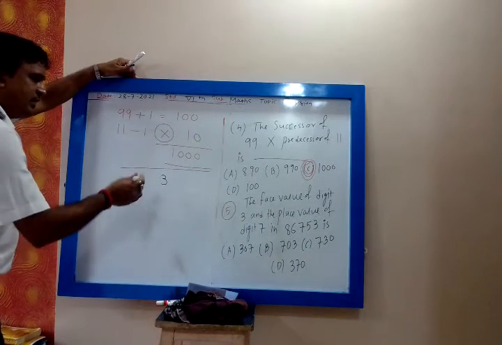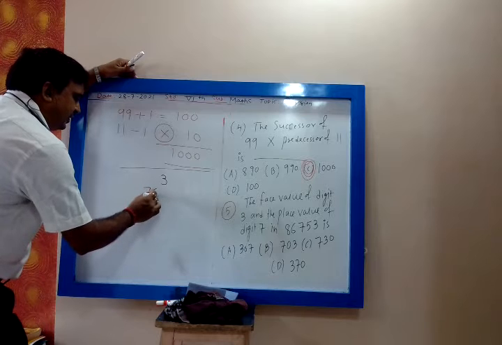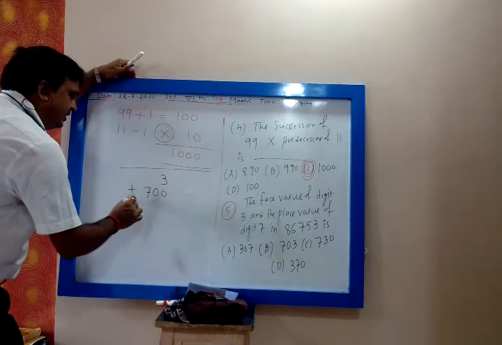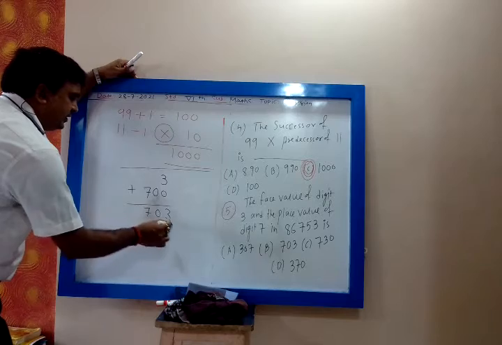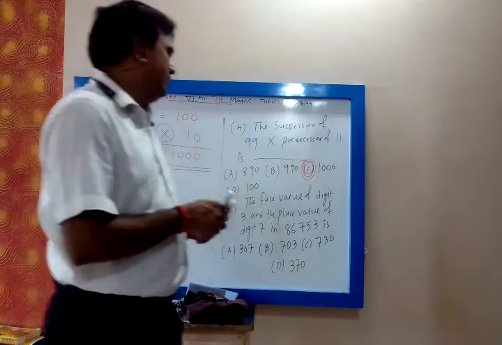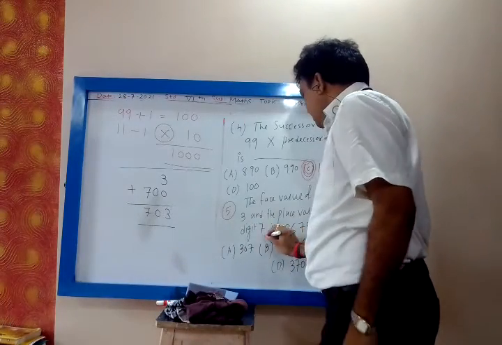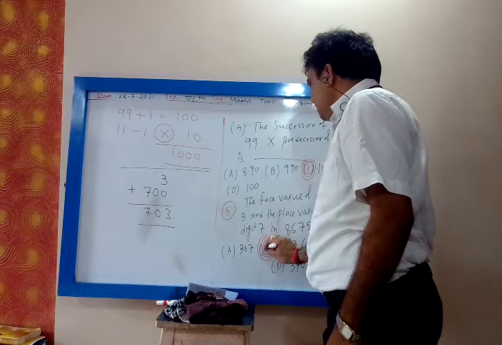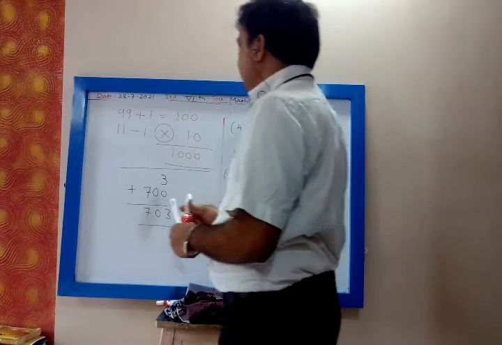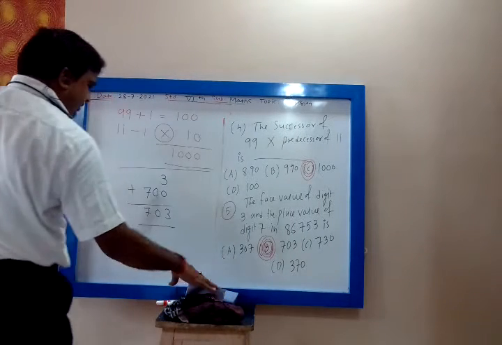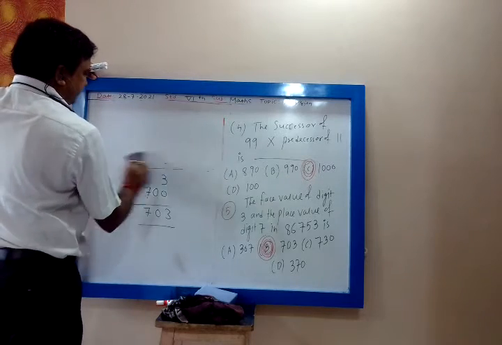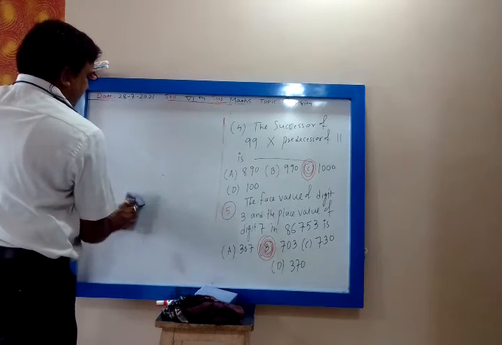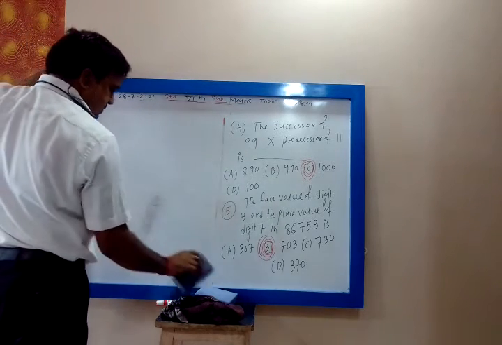So what is the place value of 7? That is 700. Now you add this. So 3 plus 0, 3, 0, 703. 703 is the correct answer. The correct answer is 703. Let us see another one.